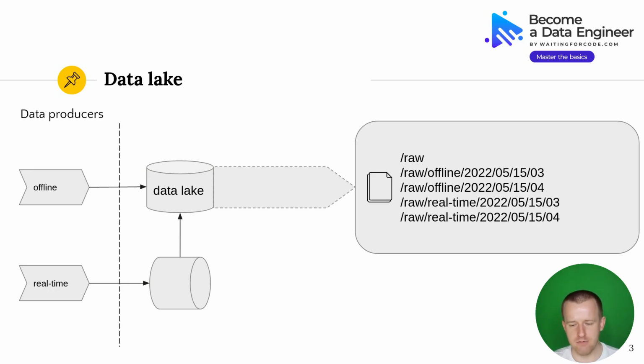So in my example, you can see that I have a data lake storage that integrates real-time and offline data and organizes them in subdirectories by type, because you may imagine I will have a batch of jobs that will only need the offline data, and on the other hand I might have another batch job, but this time responsible for reprocessing the real-time data. And inside these subdirectories I have the organization per year, month, day, and hour.